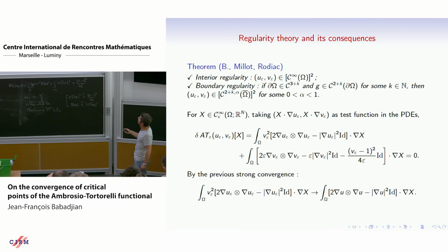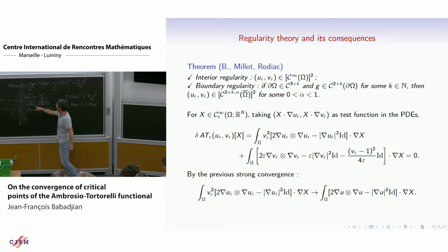Again, you can see two terms in this expression. A first one, which involves the gradient of U epsilon, and the second one, which is related to the phase field part of the energy. The first one, thanks to our previous result, which is rewritten here, easily passes to the limit thanks to our strong convergence.